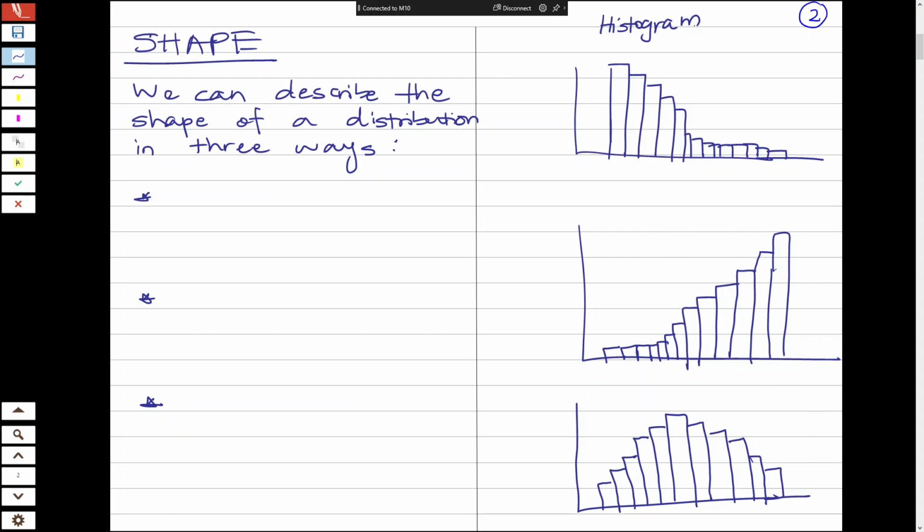So Bruce, can you tell me what differences do you see between these three pictures here? This one's decreasing. The second one is increasing in frequency, and the third one is going up and down. Okay. Cool.